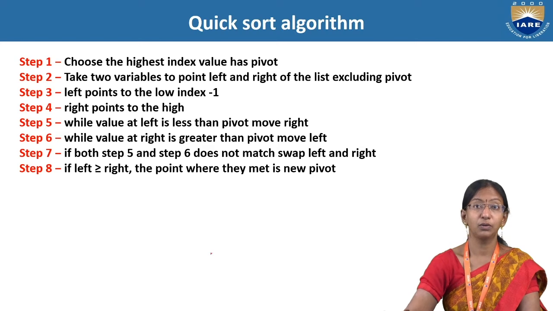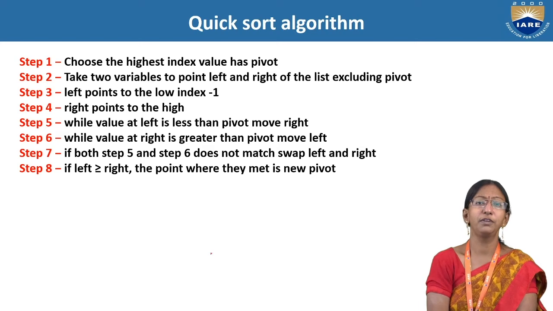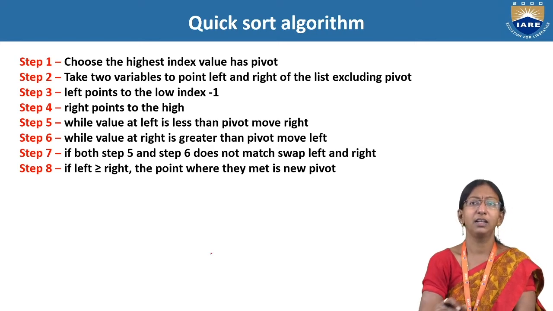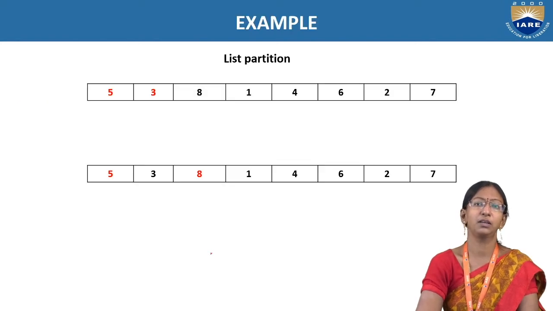Once that breaks, go to step 6. While the value of right is greater than pivot, move towards left. If both the steps fail and the left is going to cross the right, then swap the content of pivot and right. I'll explain this with an example.